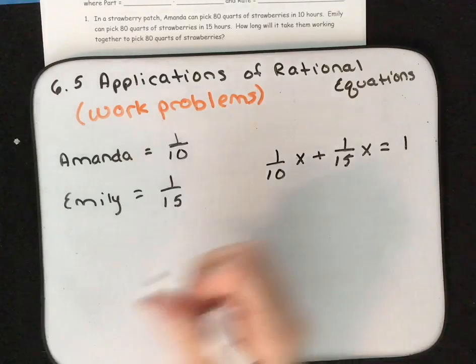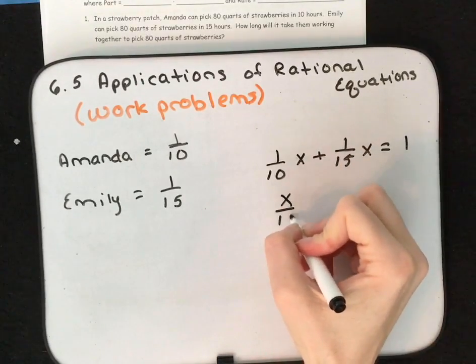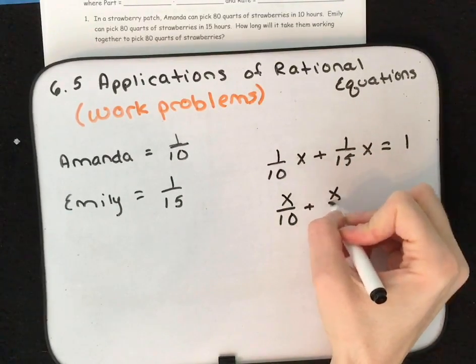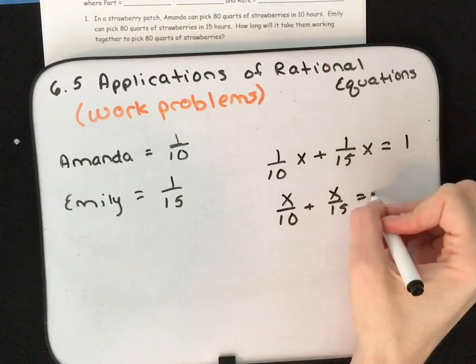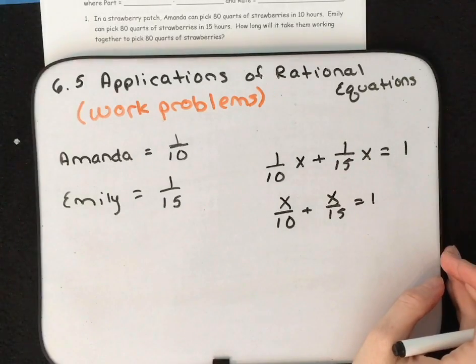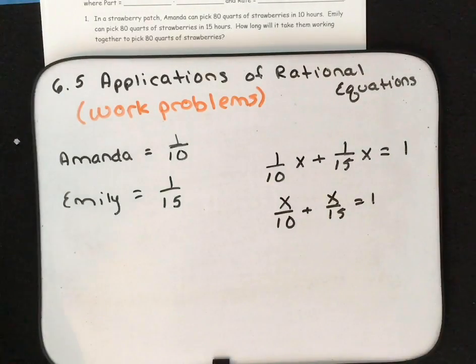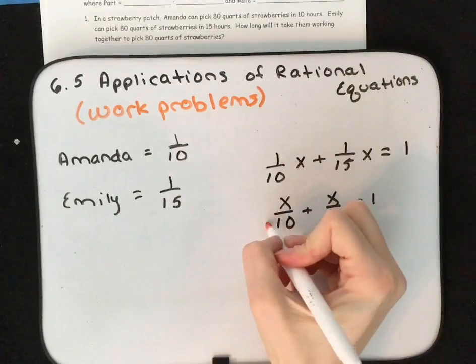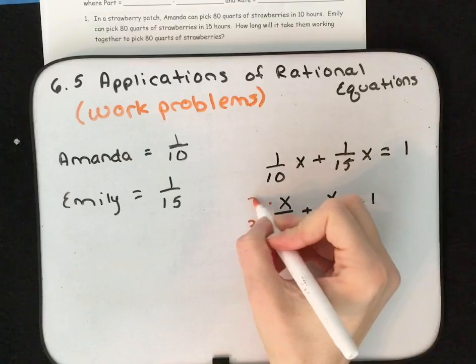Well, if we rearrange, this is going to look like x over 10 plus x over 15 equaling 1. So I need to multiply this through so that we can solve. If we try to find a common denominator, how about we use 30? If we use 30, we could multiply this times 3 and this times 3.